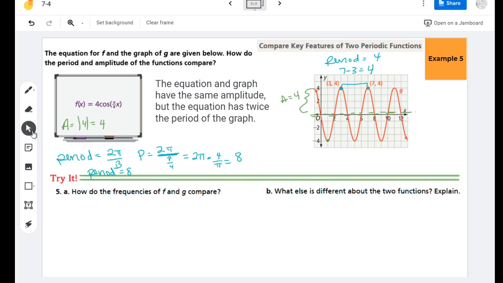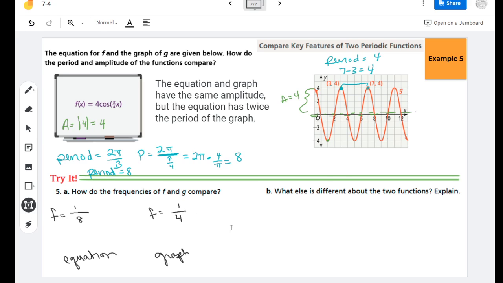Now let's talk about the frequencies. The frequency is equal to 1 over the period. So the equation's frequency is 1/8, and the graph's frequency is 1 over the period, so 1/4.